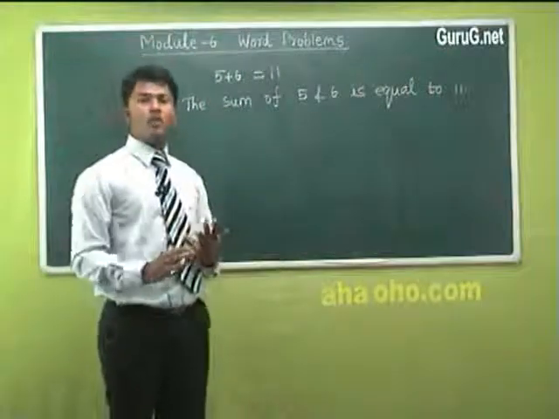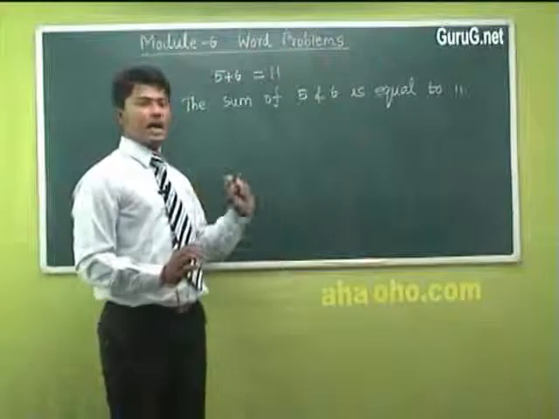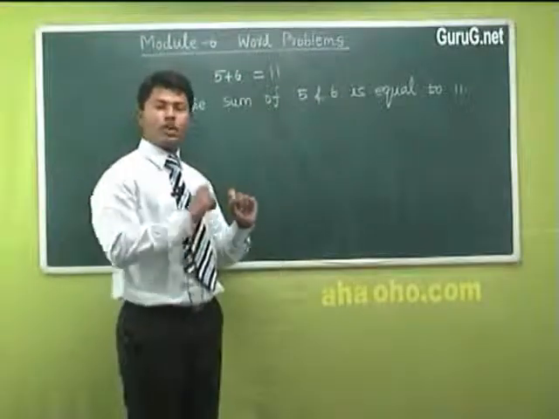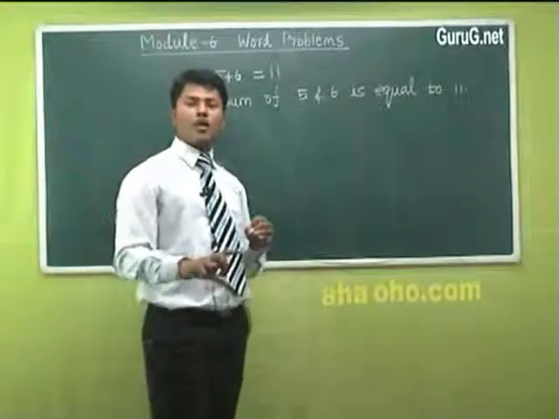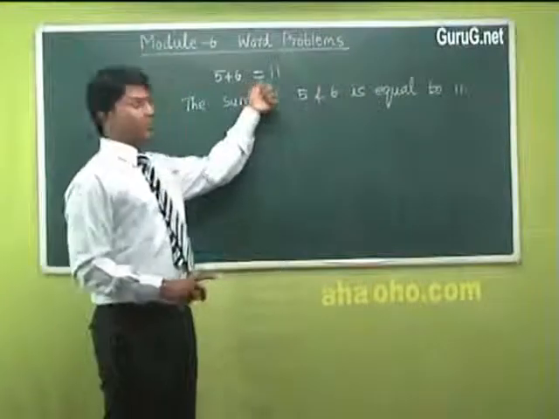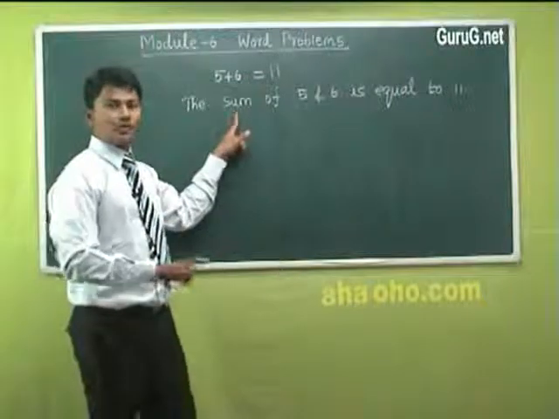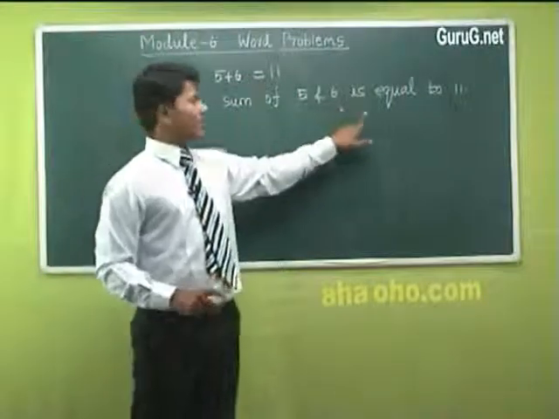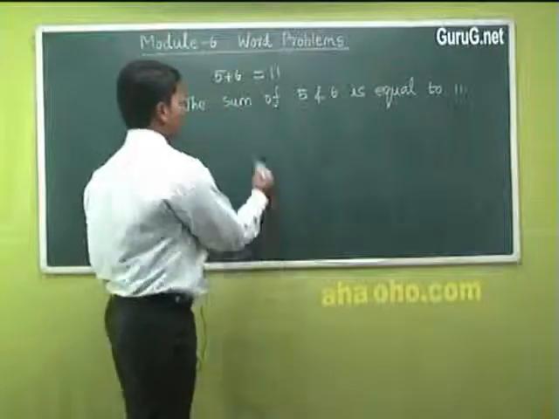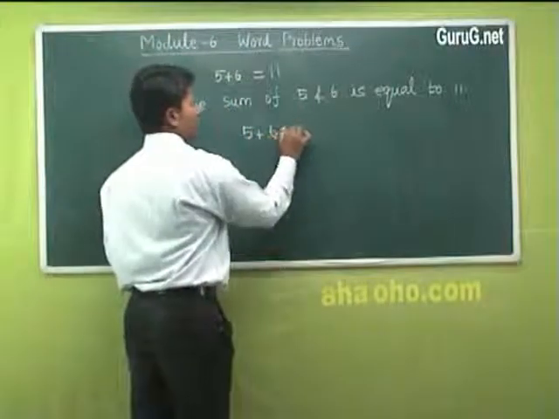Now your job is, given the word problem, to read the problem, find the mathematical operation and reduce it to this form. The word sum is given, so it means an addition operation between 5 and 6 and the result is 11. So 5 plus 6 is equal to 11.